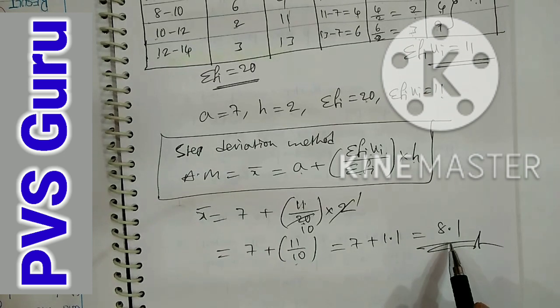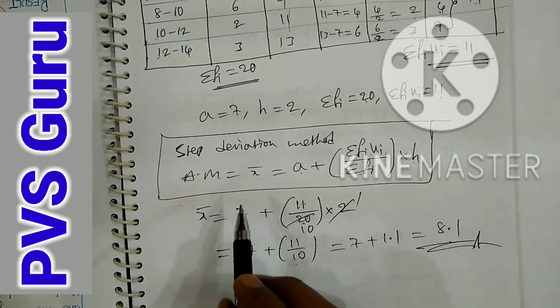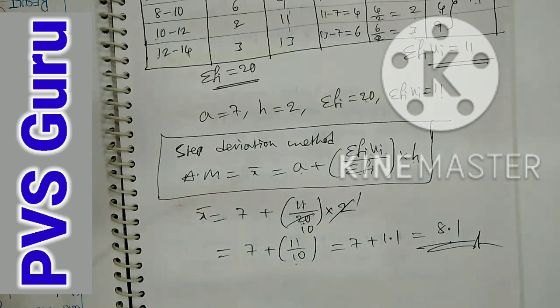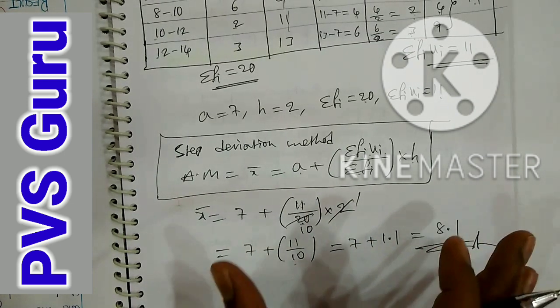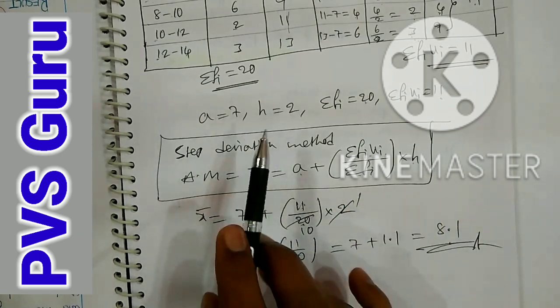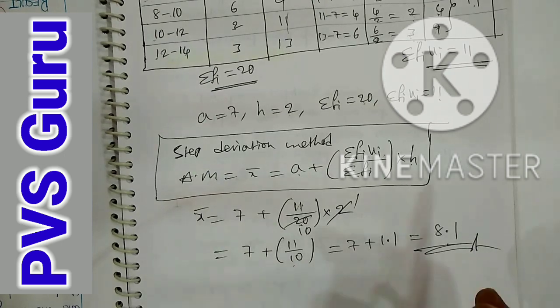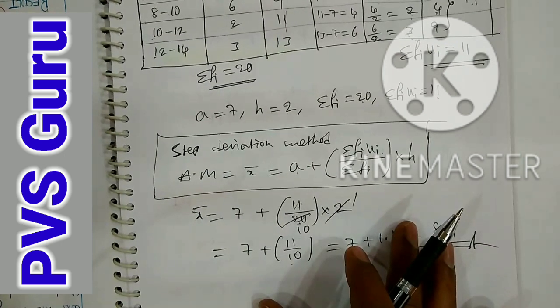For all 3 methods we got the same value of the arithmetic mean, but the formulas and procedures are different. So among these 3 methods, the step deviation method is the easiest and best. Suppose in the examination they ask for the direct method, then you do the direct method.